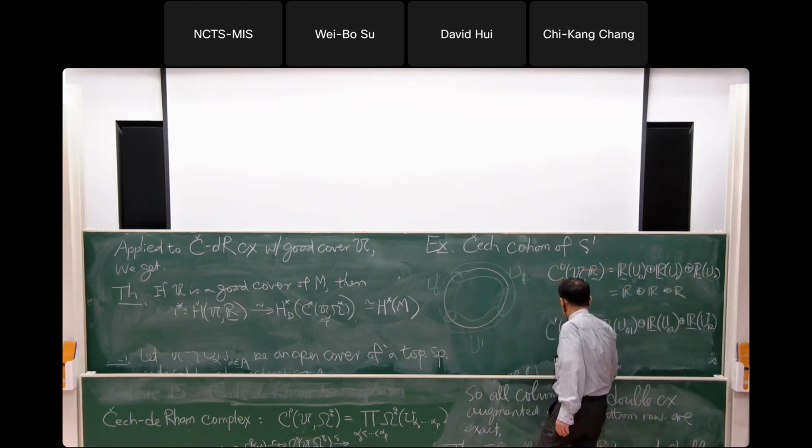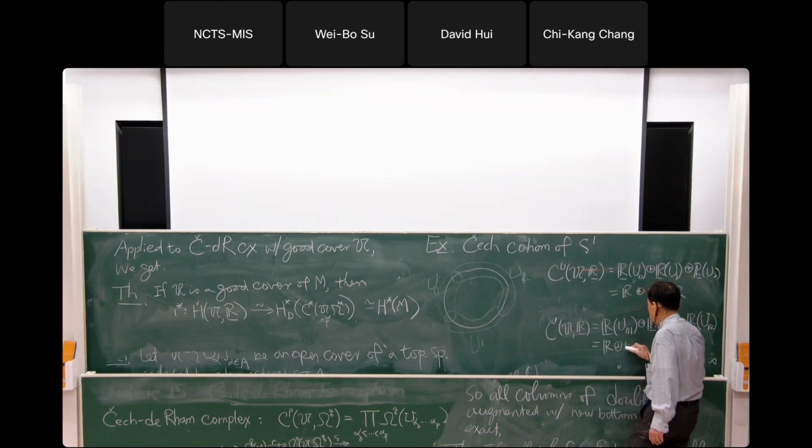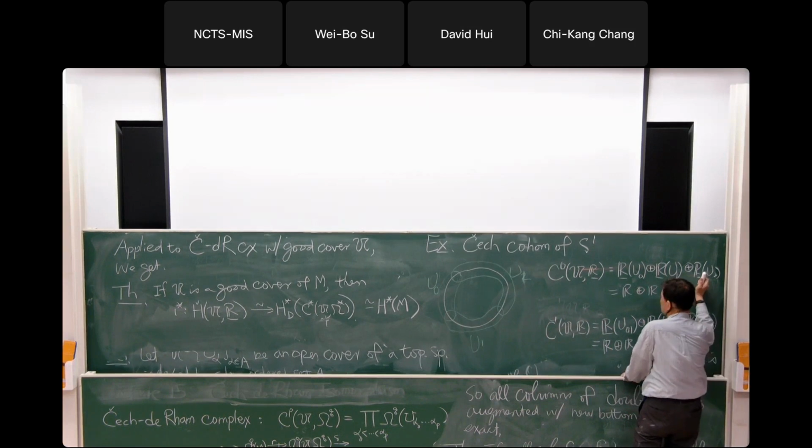Pairwise intersections are also intervals, so it's just R, R, R. Okay.